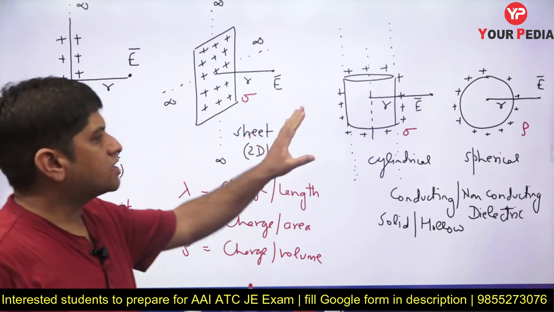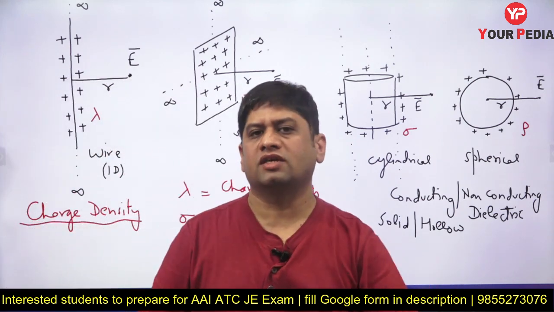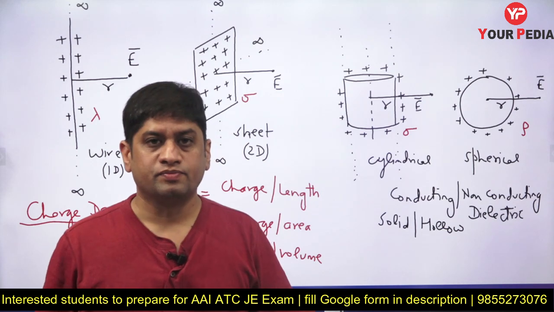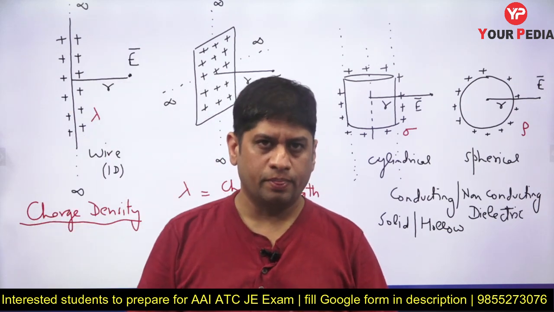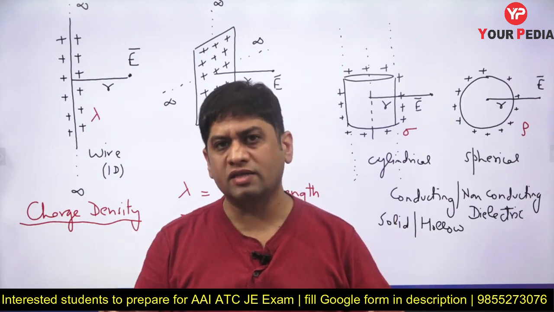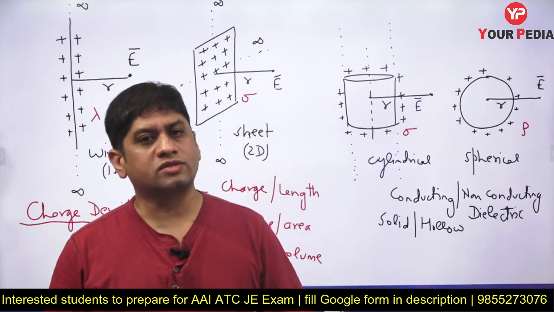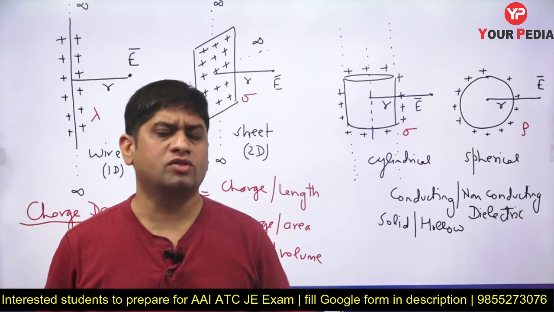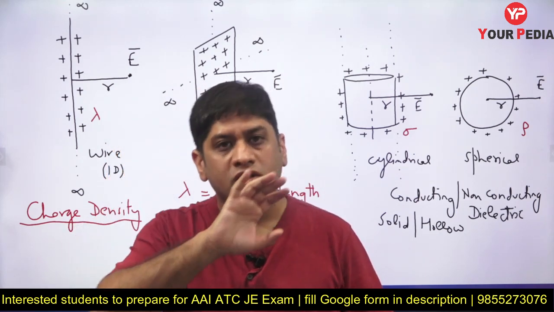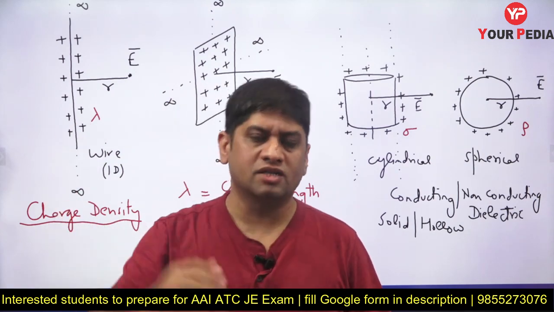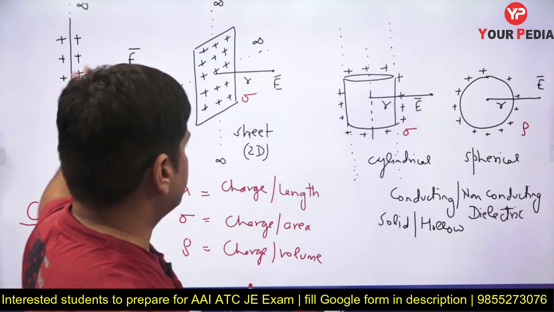If the charge is distributed, I should know how it is distributed: lengthwise, area wise, or across the volume. Depending upon that, we have three kinds of charge densities: linear charge density, surface charge density, volume charge density, and these are the typical cases.